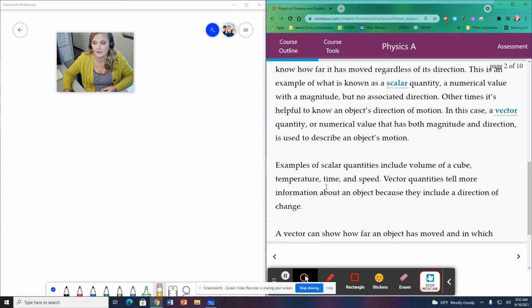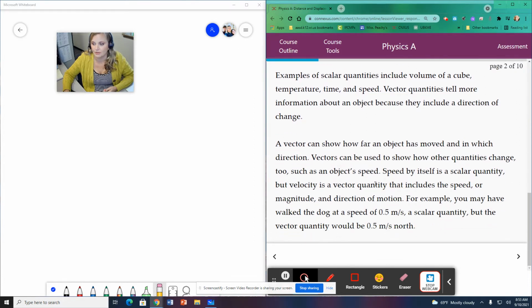Examples of scalar quantities include volume of a cube, temperature, time, and speed. Vector quantities tell more information about an object because they include direction of change. So vectors can show how far an object has moved and in which direction. Vectors can be used to show how other quantities change too, such as an object's speed.